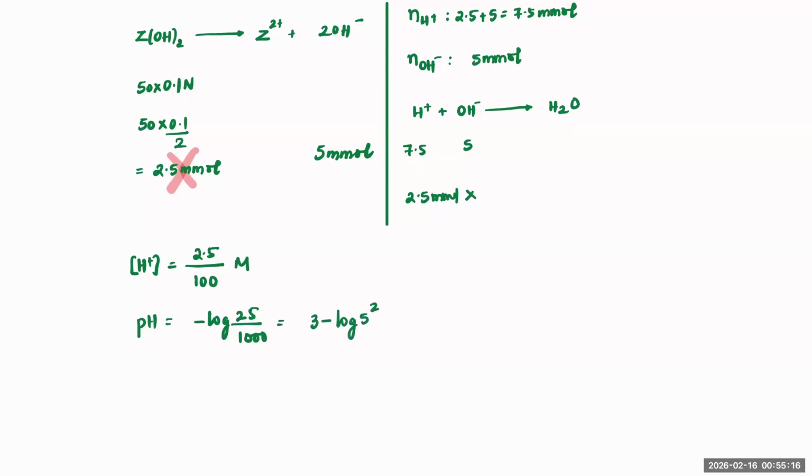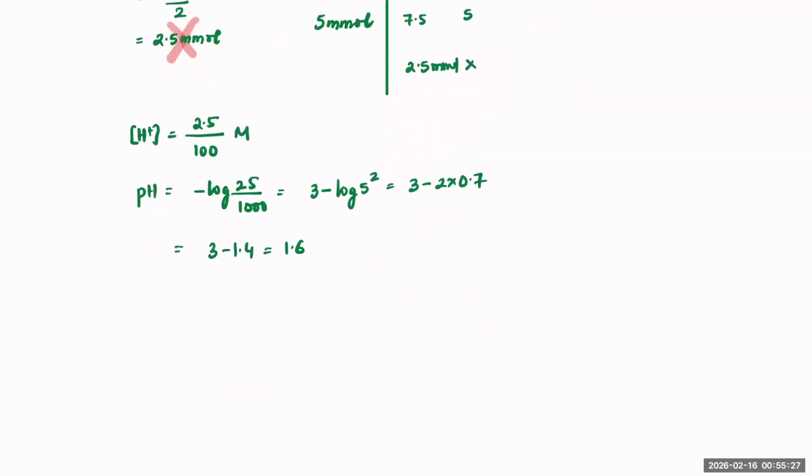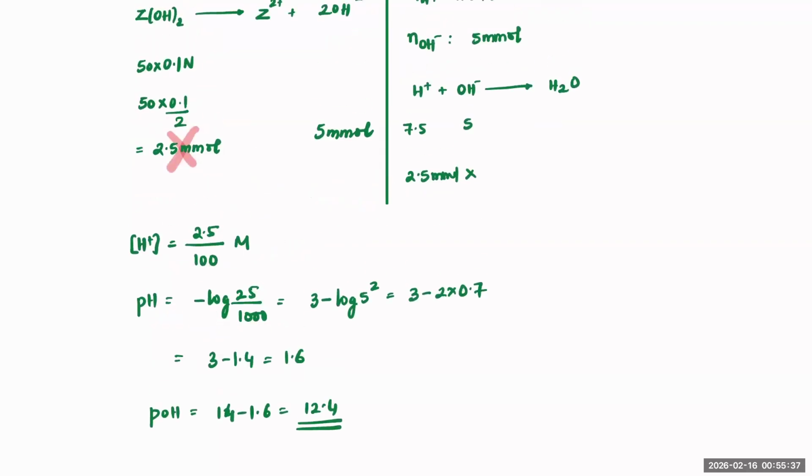Log 25 is 2 log 5, which is equal to 3 minus 2 into 0.7. So which is 3 minus 1.4, which is 1.6. So pH is 1.6. That makes pOH as 14 minus 1.6, which is 12.4. So that is the pOH.